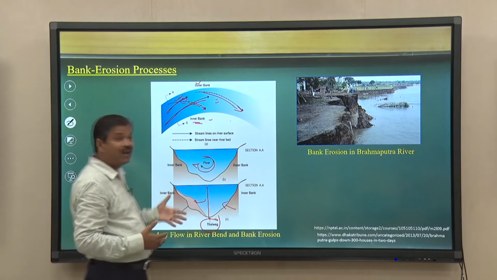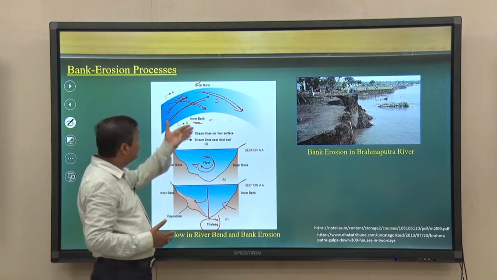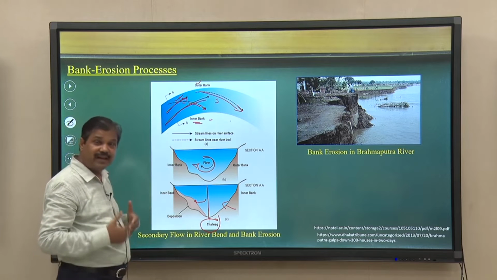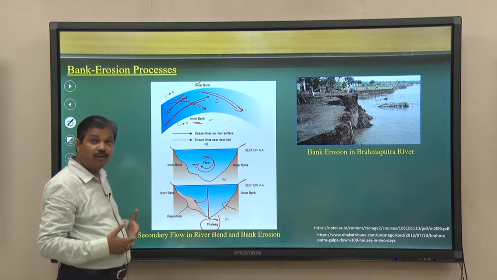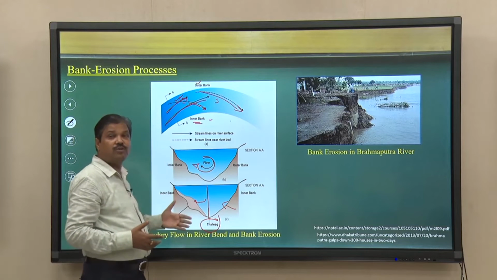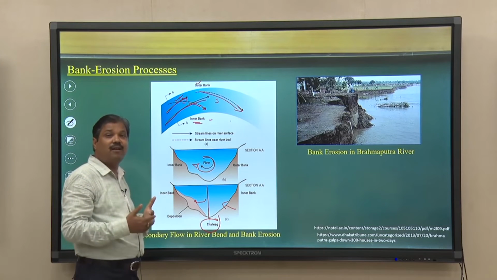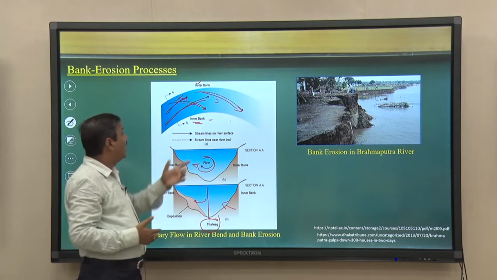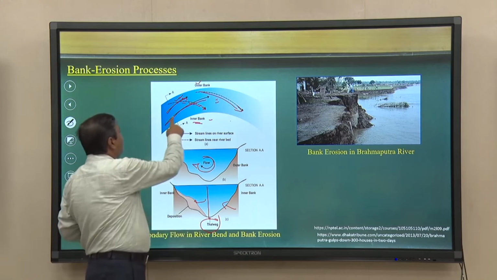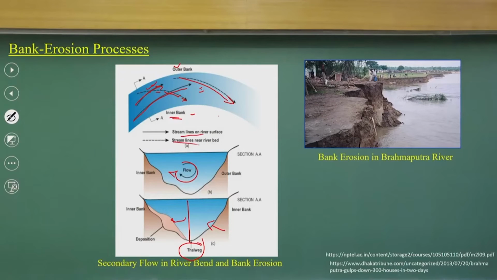So, the strength of the secondary current, and the geometry of the river bend in terms of radius of curvature, flow depth, and width, those are critical points for us to know: what is the strength of the secondary current, and because of that, what are the patterns or the flow strength in terms of flow streamlines at the surface and at the river bed level, and how the erosion and deposition process happens.